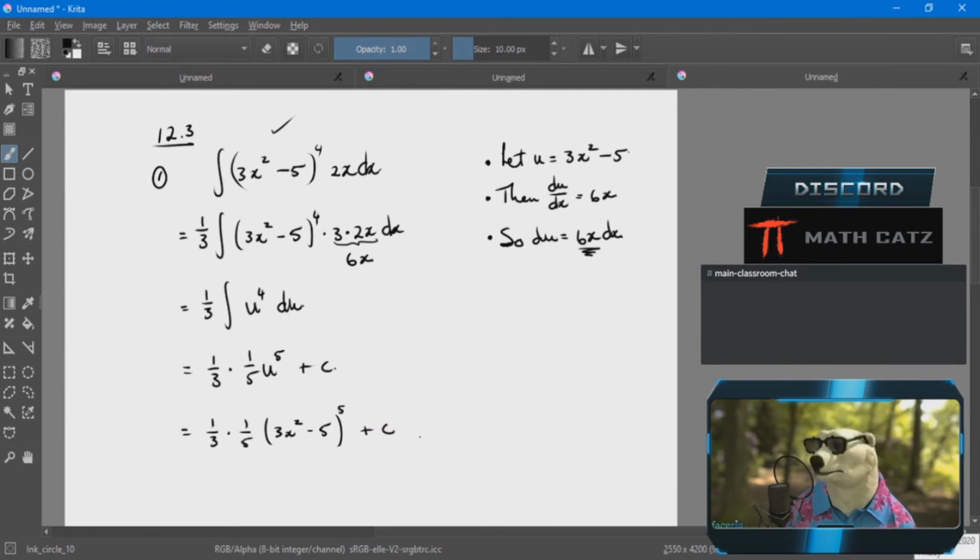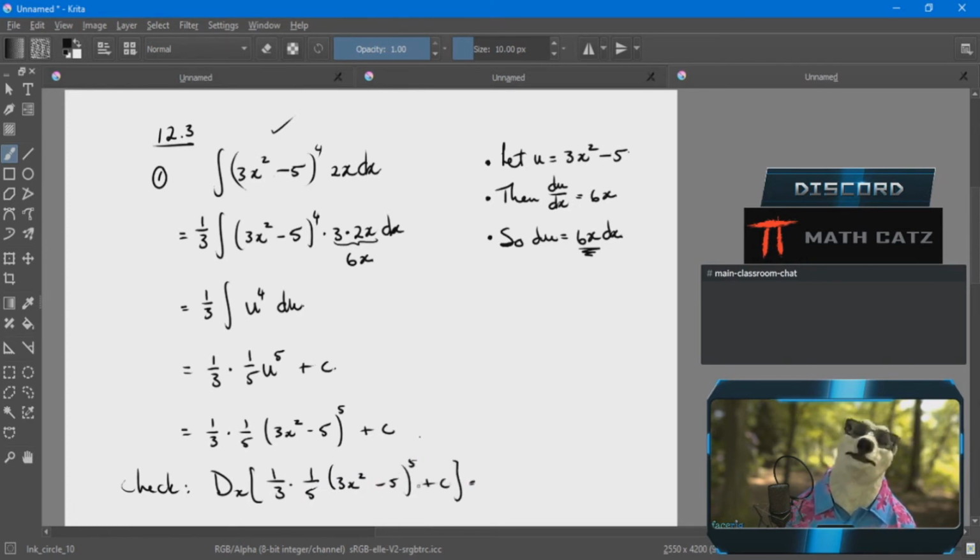Now, of course, we can check this as well, right? Nothing changes in that sense. I can always check my answer. If I take the derivative of this, hopefully correct answer, but let's suppose I'm not quite sure. I'm a little bit hesitant. I don't really have to write the c because it's always going to be a 0.